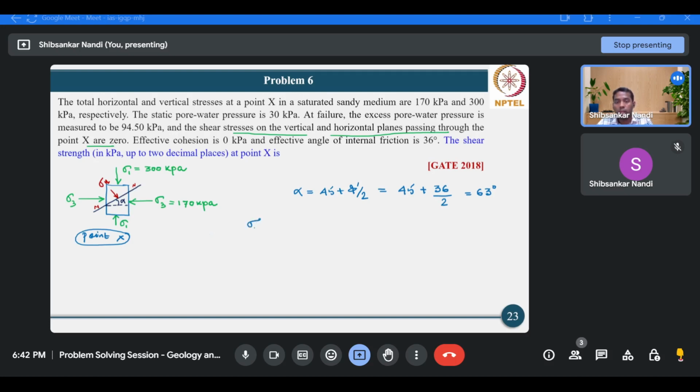So sigma n, which is acting perpendicular to mn, rather we can say sigma n prime, will be sigma 1 prime plus sigma 3 prime by 2 plus sigma 1 prime minus sigma 3 prime by 2 cos of 2 alpha.